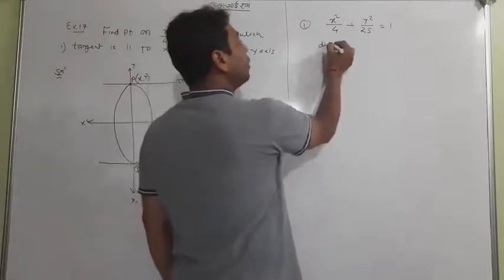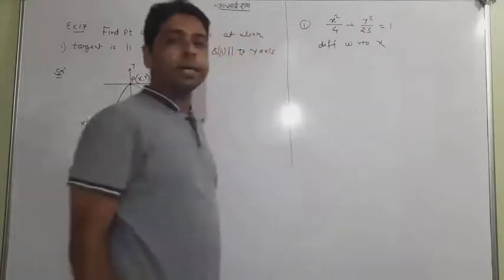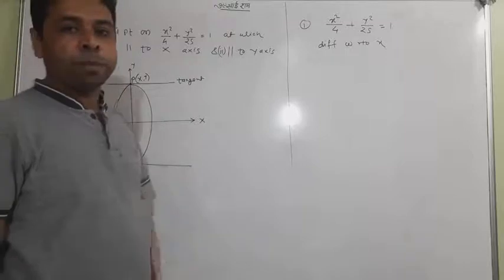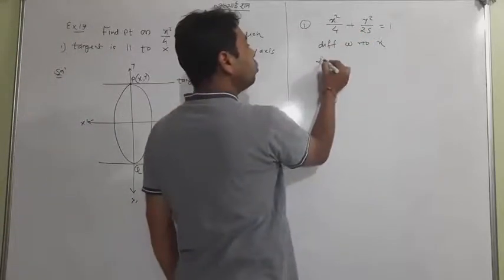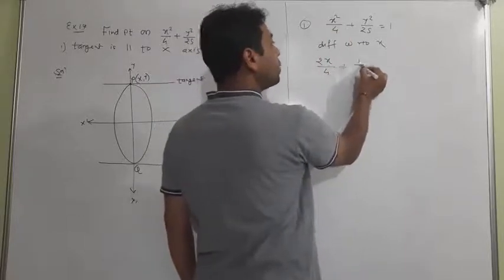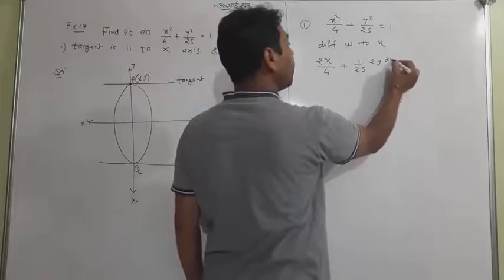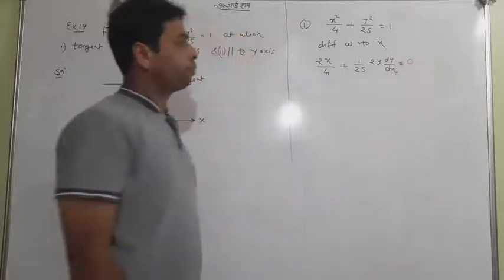So look at how we can find it. We differentiate with respect to x, and we find dy by dx, which will actually be the slope at the point P. If I do differentiation, x square gives 2x upon 4. 25 is a constant value. y square gives 2y, and y again gives dy by dx, and 1 has differentiation 0.